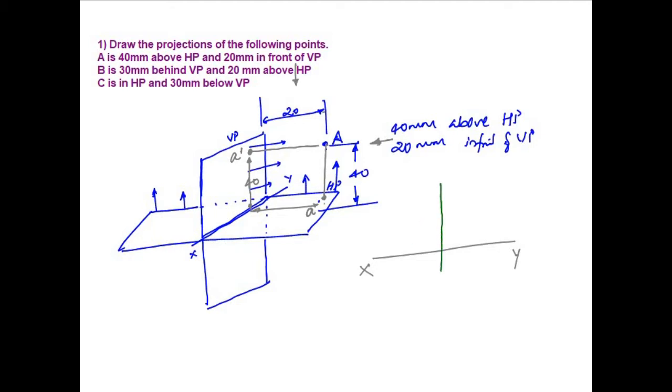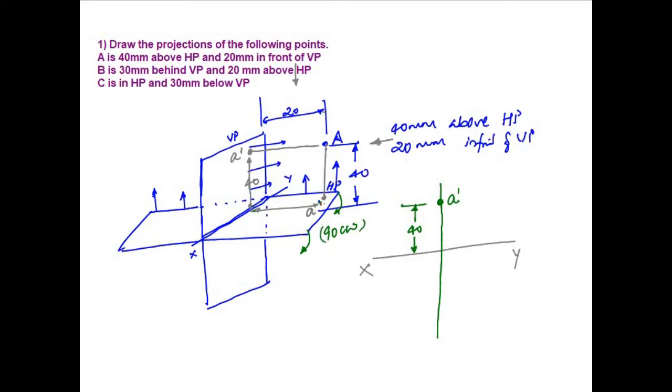First I will draw a projector. On this projector both A dash and A will lie. This is above the horizontal plane, so this is above the XY line. Somewhere over here I will have my A dash, and this distance is the height. You can see in the front view distance, that is 40 mm. Then A is at a distance of 20 mm from XY, and when the plane rotates, it will rotate 90 degrees in the clockwise direction. Please remember this.